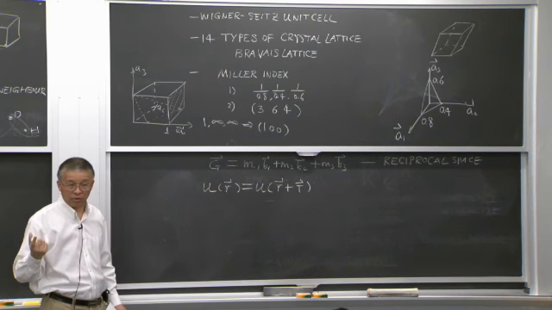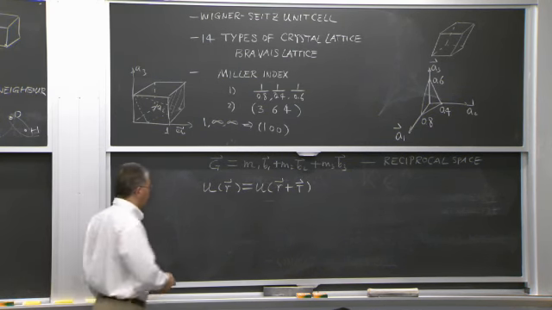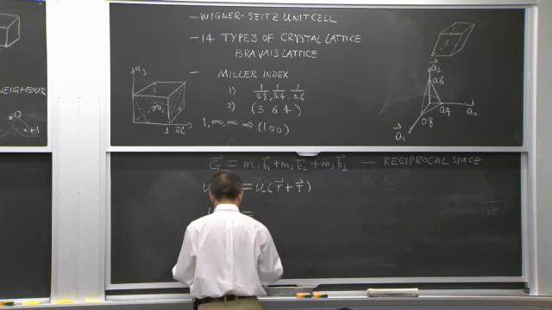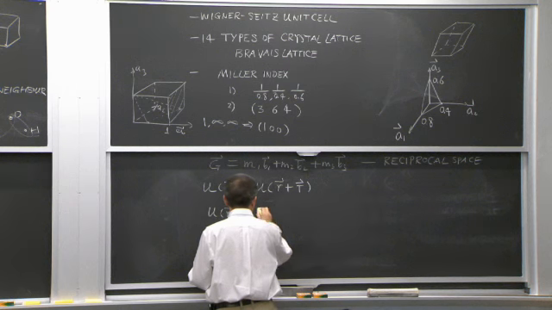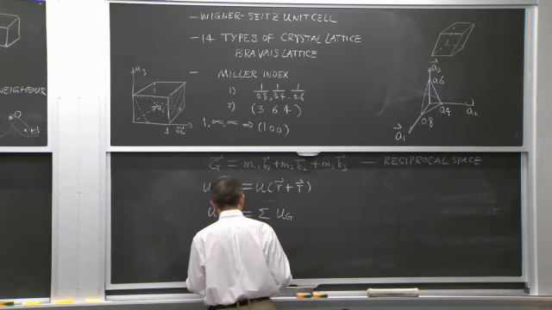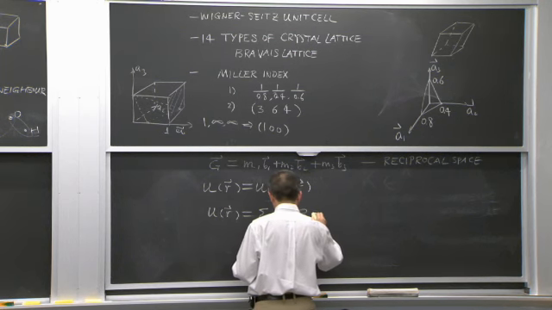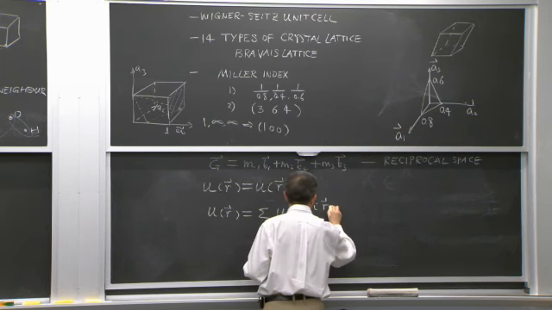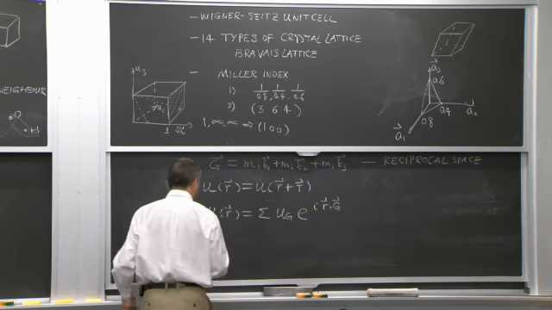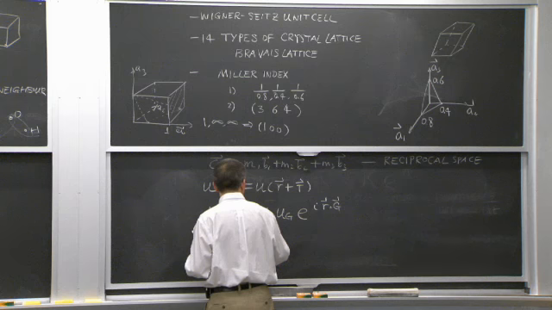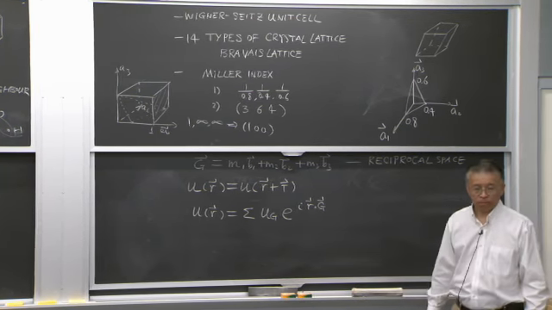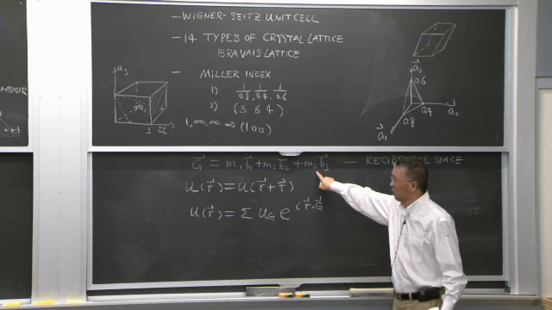The Fourier series is u(r) equals the sum over all G's, over all those lattice points, of the Fourier constant u_G times exponential of i G dot r.